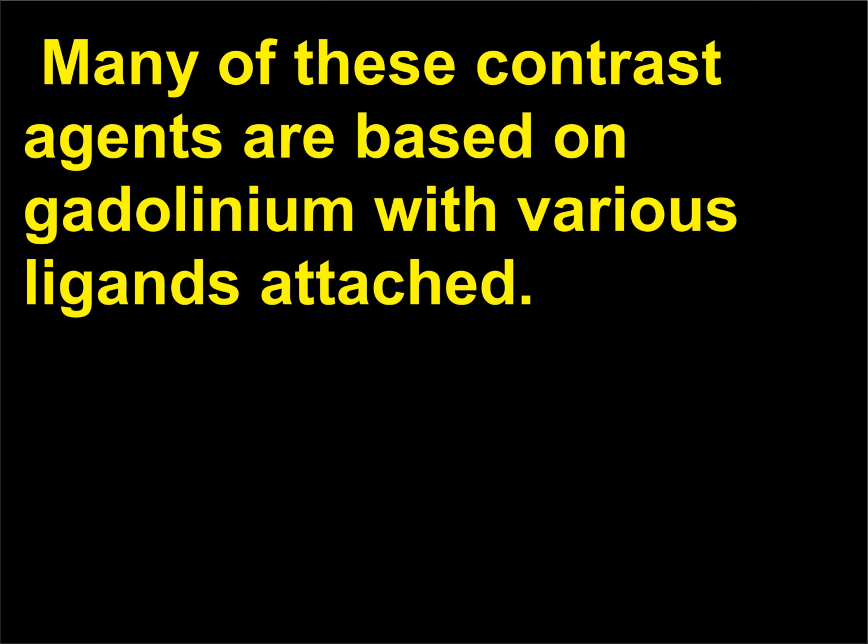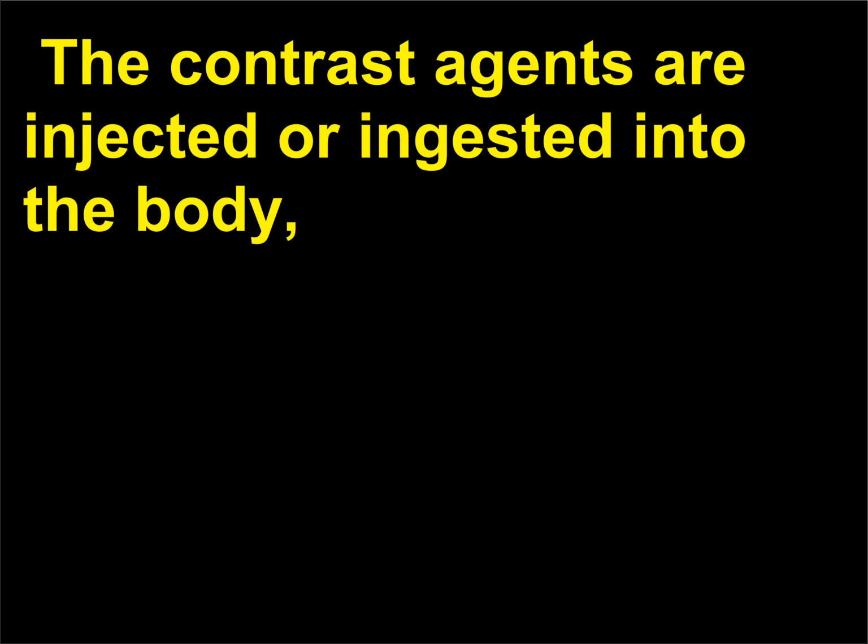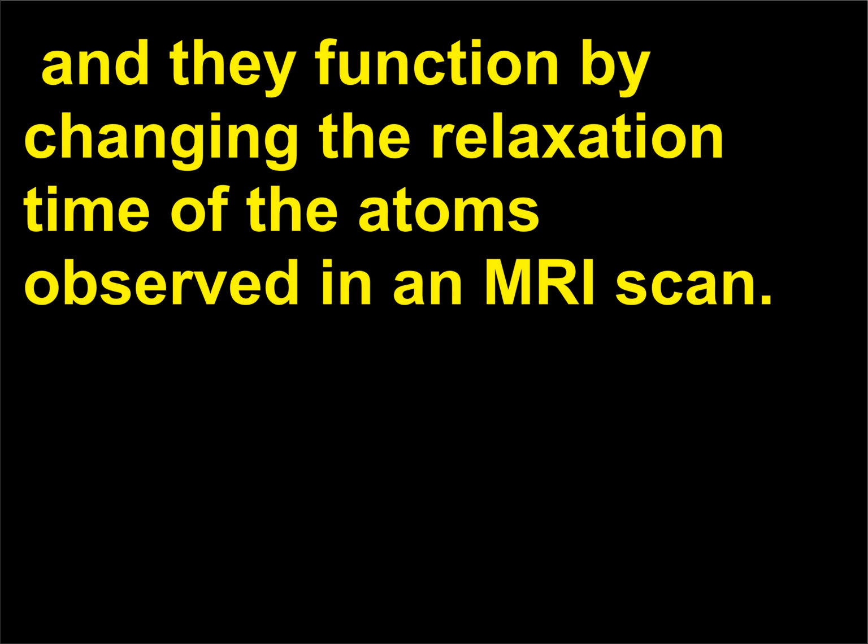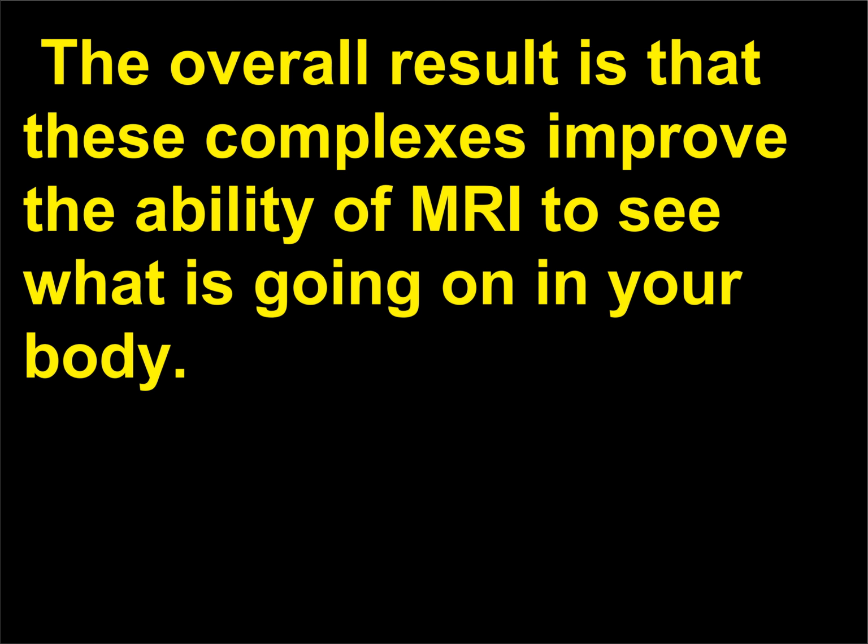Many of these contrast agents are based on gadolinium with various ligands attached. The contrast agents are injected or ingested into the body, and they function by changing the relaxation time of the atoms observed in an MRI scan. The overall result is that these complexes improve the ability of MRI to see what is going on in your body.